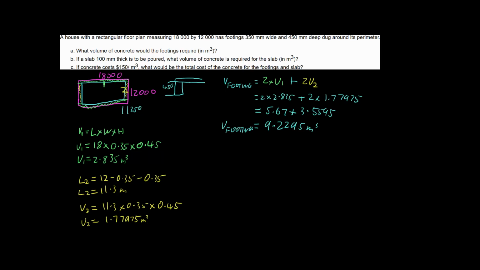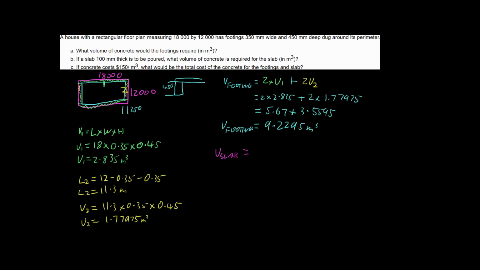So now that we've worked out the volume of concrete required for the footing, we can work out the volume of concrete required for the slab. Then we can have our total volume of concrete, and we can find out how much it's going to cost us. So the slab is this 18,000 by 12,000 rectangle, which is 100 millimeters thick.